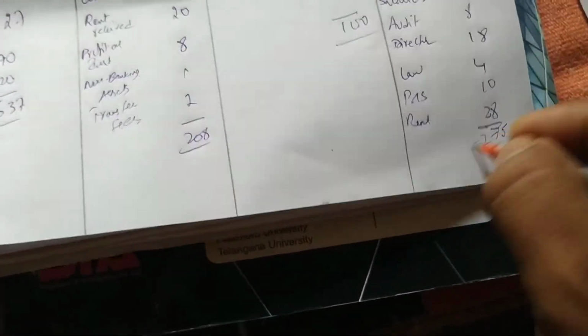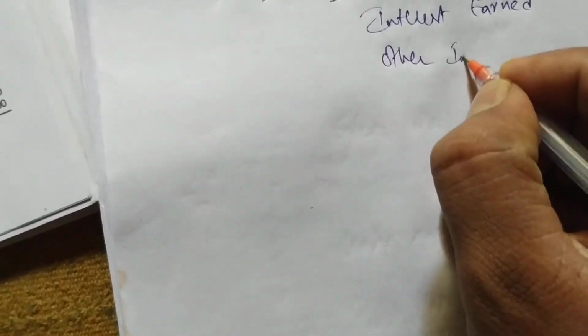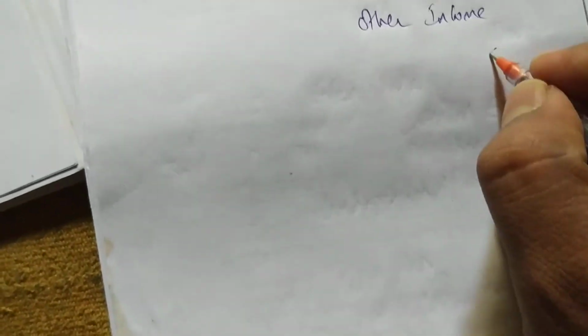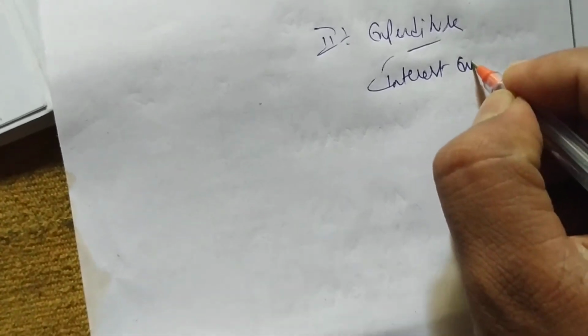Okay, we have recorded the working notes, so now we have to prepare the entire format. First is 1, income. Interest earned, schedule 13, other income, schedule 14. Then we do total, and we write 2, expenditure. Under this we first write interest expended, schedule 15.